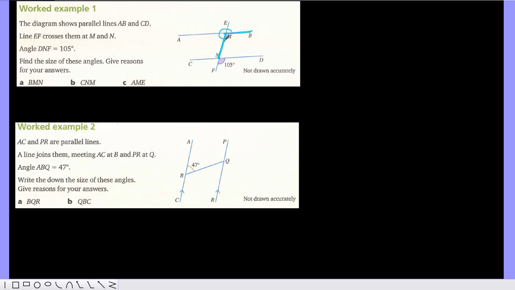I'm talking about this one; with respect to the name, the order of the letters is important here. This angle is BMN angle. This is not BMN angle. We start from the B side, then we come to the M side. Okay, let's continue with the BMN angle.